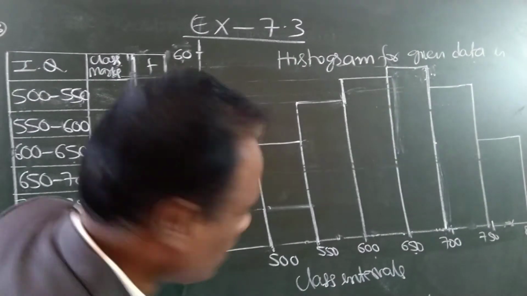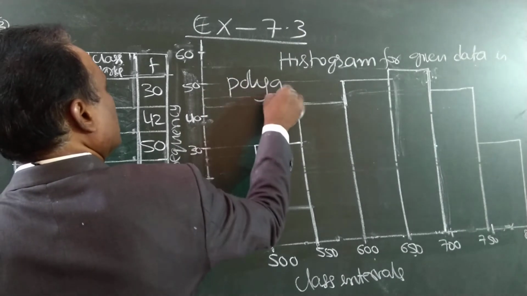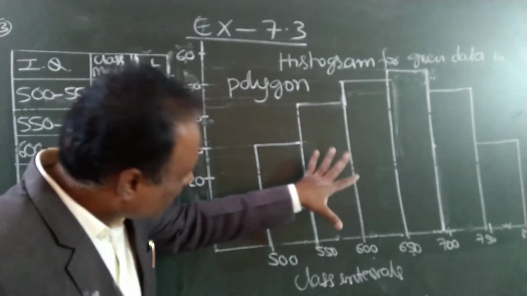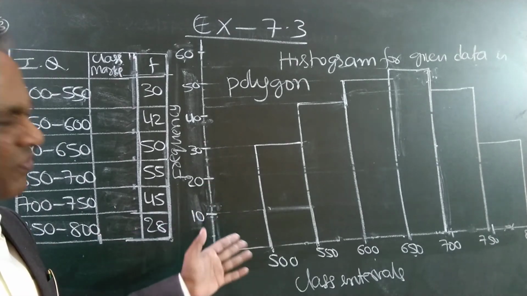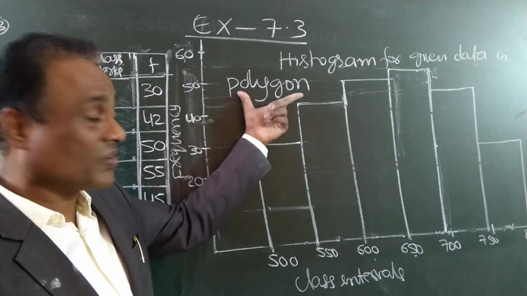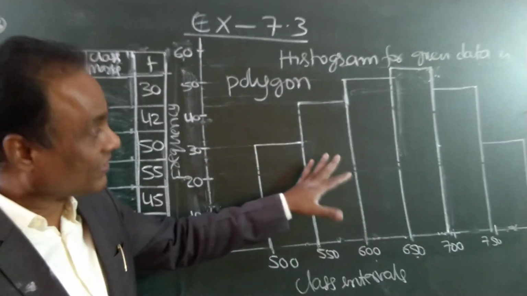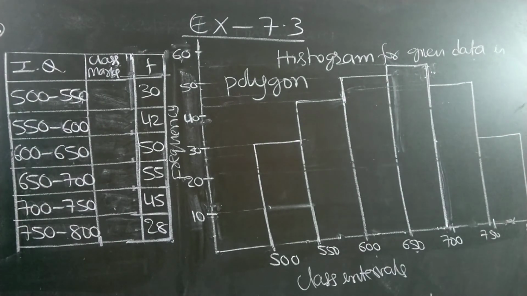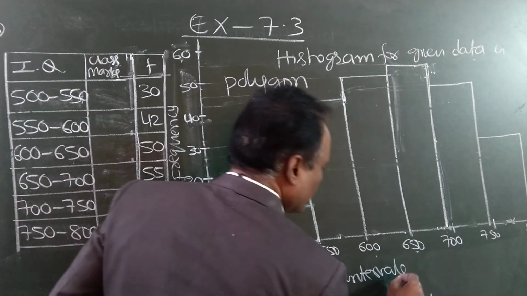Now I am doing the frequency polygon. It is mentioned that on the same diagram only we have to draw the polygon, not separately. There may be some confusion; if I draw it separately, you can easily understand. But in the same diagram, on the same paper, only the polygon we have to draw. How? To draw the polygon, we require the frequencies and the mid values.